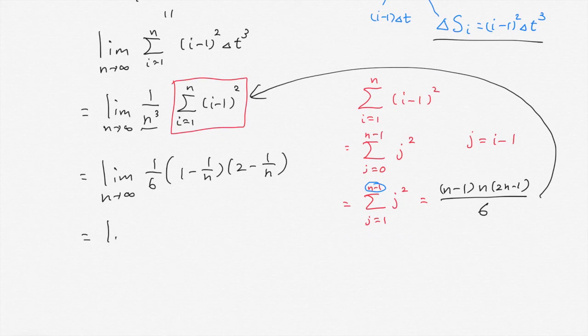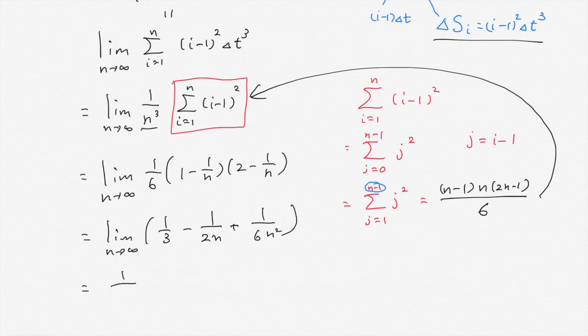So it becomes the limit as n goes to infinity of 1 over 3 minus 1 over 2n plus 1 over 6n squared. Then you can take n to infinity.